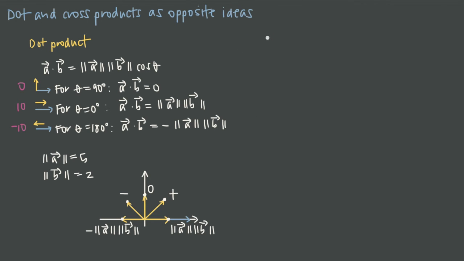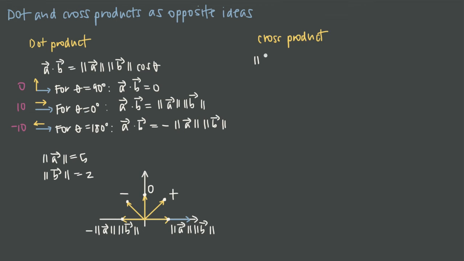Now, the cross product is sort of the opposite idea. It measures how much two vectors move in different directions. So if the dot product measures how much the two vectors move in the same direction, the cross product measures how much they move in different directions. For the cross product, if we stick with the same vectors a and b, we use this formula here.